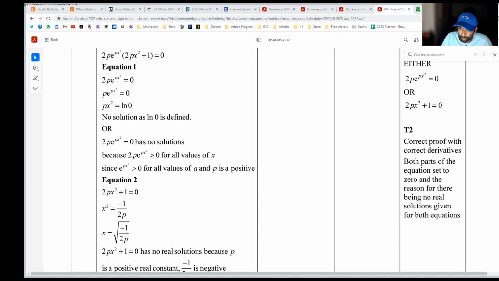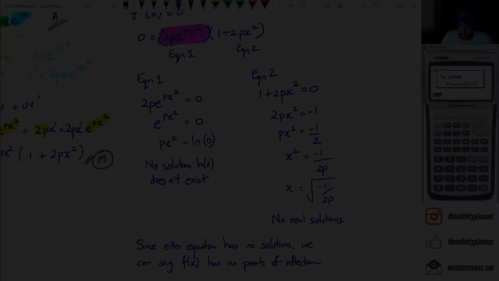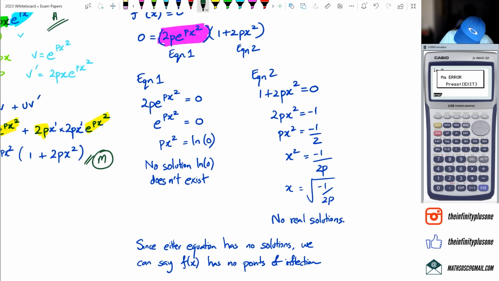We've done that. Both parts of the equation set to 0, and the reason for there being no real solutions given for both equations. I think we've done all of that, so we can get an E8 for that question. Cool. That's basically it for question 1. We go to question 2 next.